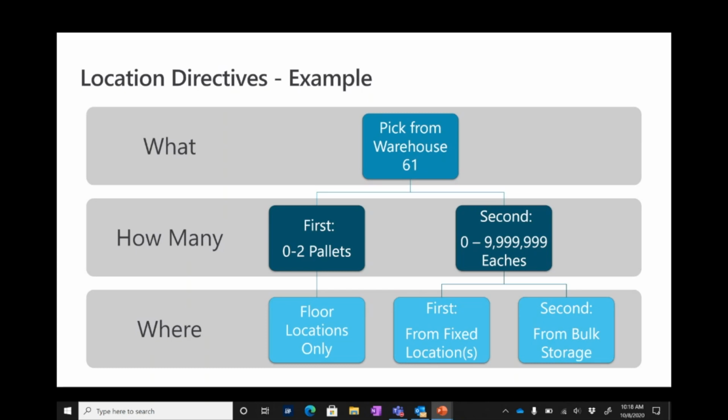And keep in mind as well, and we'll jump into the system and look at this form live, but as the wave is processing and it's going through that allocation step, if we remember back to that funnel, it is taking every demand line that's in that wave, and it's going through this logic in the location directives for every single line that you're trying to fulfill. So this logic is being evaluated many times over, potentially within a single wave. So the way that we configure this is important, and we'll come back to that in the tips and tricks as well.